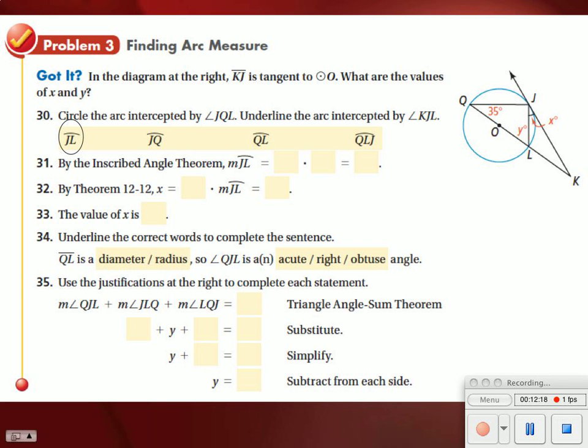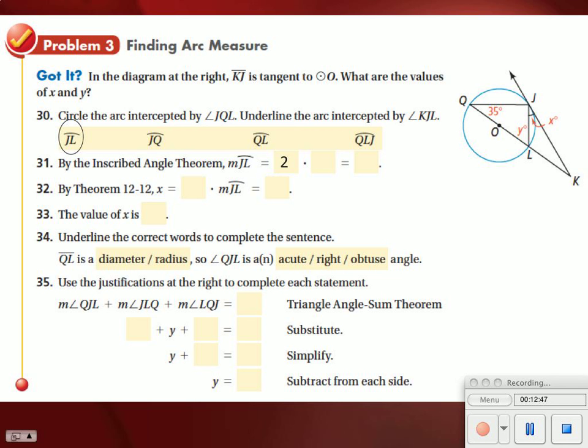I think I did something wrong there. All right, let's try that again. Circle the arc intercepted by JQL. That's going to be JL, correct. Underline the arc intercepted by KJL, and that again is also the same arc, so we should underline that.